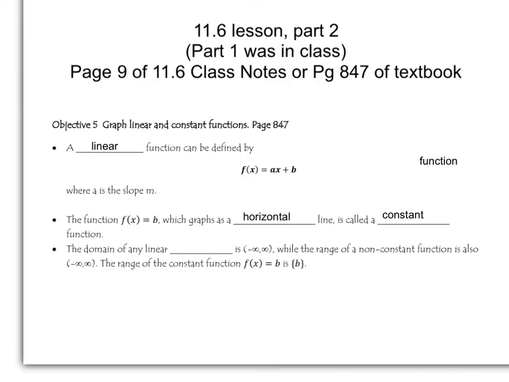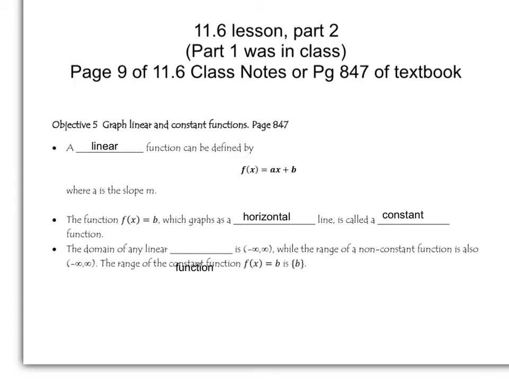And the domain of any linear function is negative infinity to infinity, while the range of a non-constant function is also negative infinity to infinity. But the range of the constant function is b. f(x) = b.